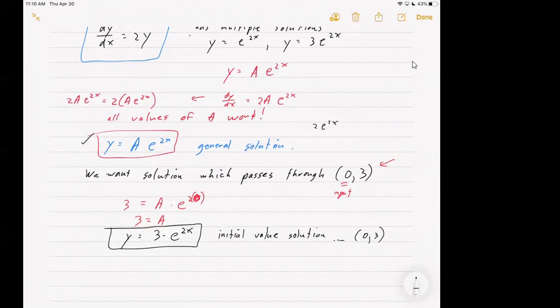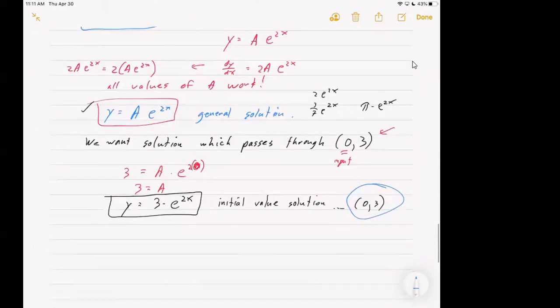You could even have 3/7 e to the 2x, or even pi times e to the 2x. Those would all work. So you need to know which one to use in order to make a graph of the solution. So this is the solution that if we were to graph it, would in fact pass right through the point (0, 3).